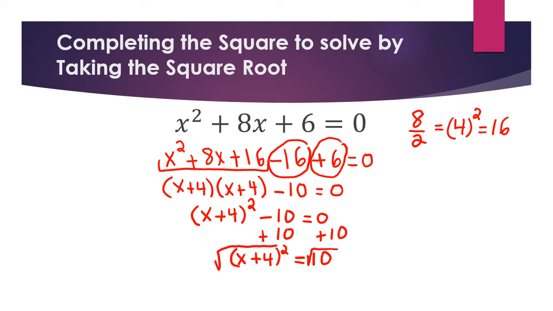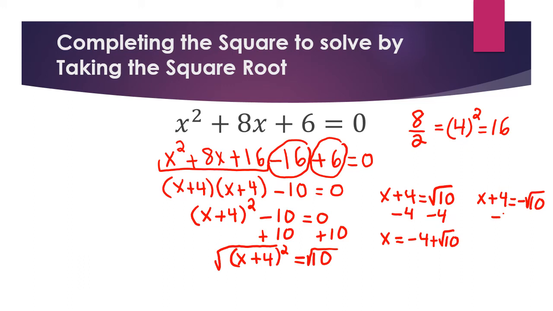This will give me x plus 4 equals radical 10, the positive radical, and x plus 4 equals negative radical 10. So I'm going to take away 4 from both sides to solve for x, and I'm going to end up with x equals negative 4 plus radical 10.